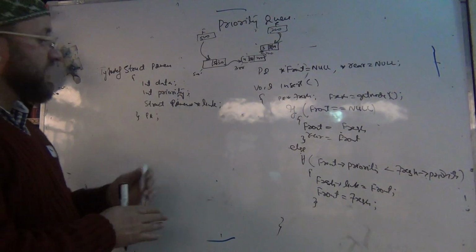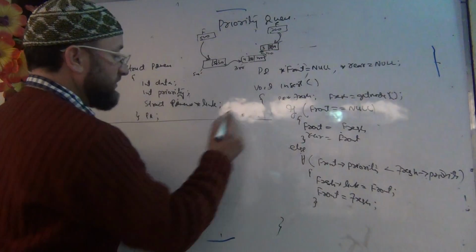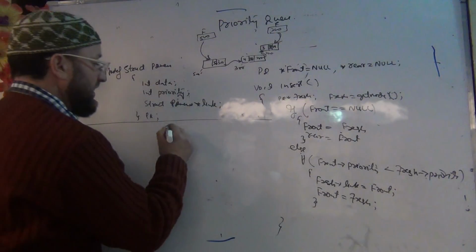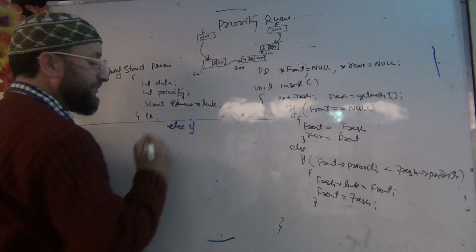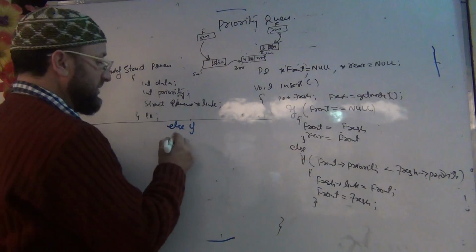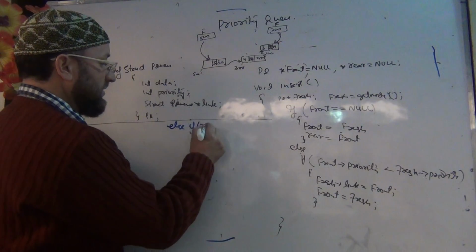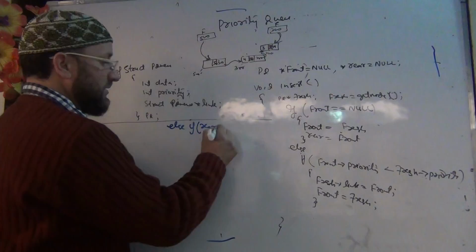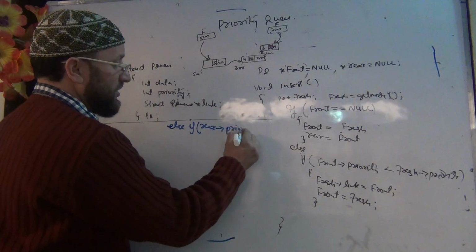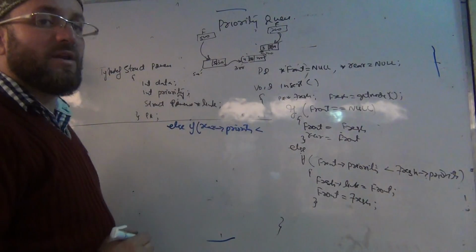So what will be my condition here? Again I will say else if. Else if what? Rear arrow priority. Very good. Now should it be less than or greater than?